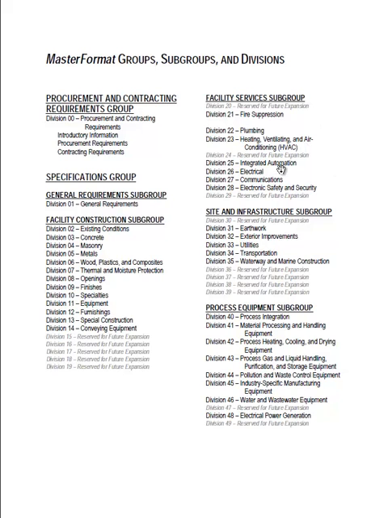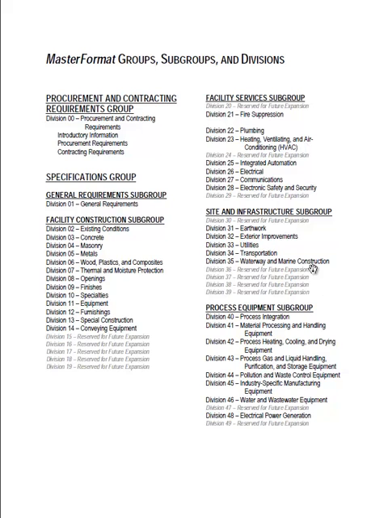These all fall within the facility services group. Site and infrastructure group starts at Division 31 with earthwork, exterior improvements, and site work, which used to be like Division 1 or Division 2. They've moved it now to the end because it needs to expand. Utilities, transportation, waterway, and marine construction.